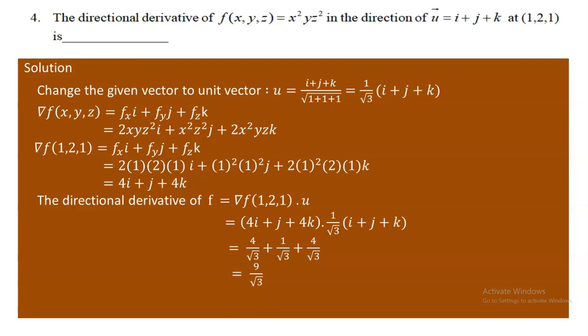If you want, you can rationalize this, otherwise it can also be taken as it is. When you rationalize it, it will be 3 radical 3. So the directional derivative of the function at the point (1, 2, 1) in the direction of the given vector is this much.